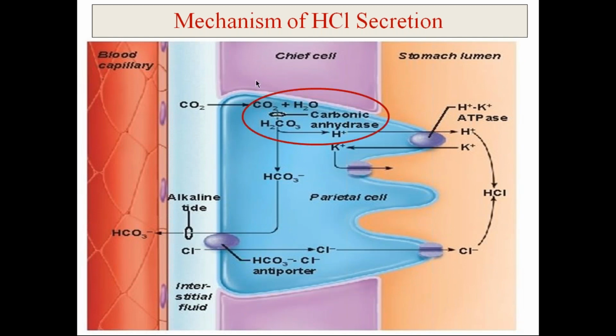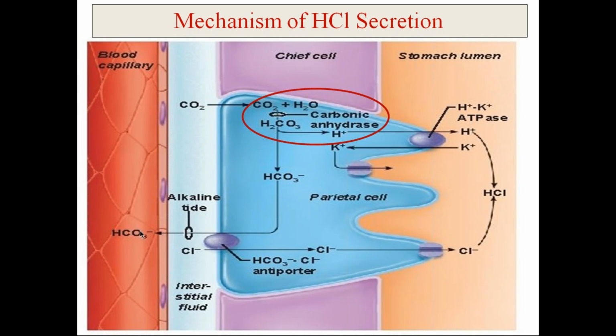So this is the first step. Carbon dioxide combines with water in the presence of carbonic anhydrase in the parietal cell to form carbonic acid, which dissociates into hydrogen and bicarbonate. Hydrogen comes out into the lumen by the proton pump, and this is your hydrogen potassium ATPase pump.